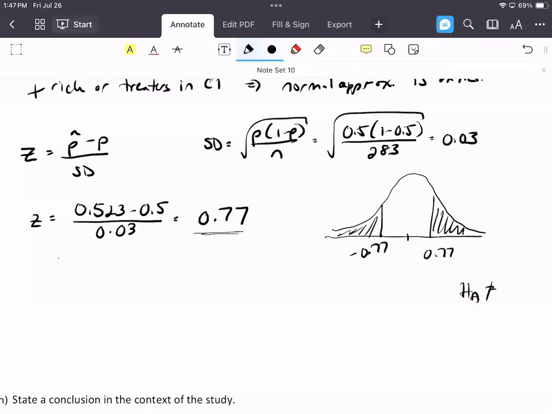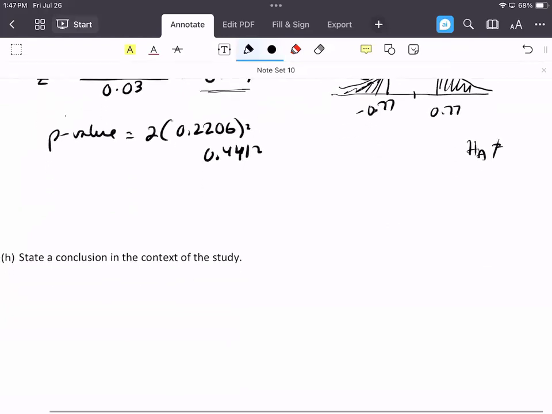So the p-value is actually equal to the area under both tails. The area here, if you look it up in the table, is 0.2206. So the p-value is 2 times that, which gives me 0.4412. Now, if you think back to that table that we have, that's a large p-value. So we do not have much evidence against that null. We don't have evidence for the alternate hypothesis.